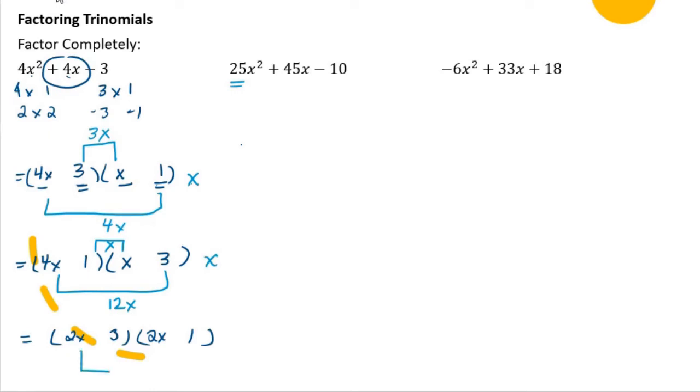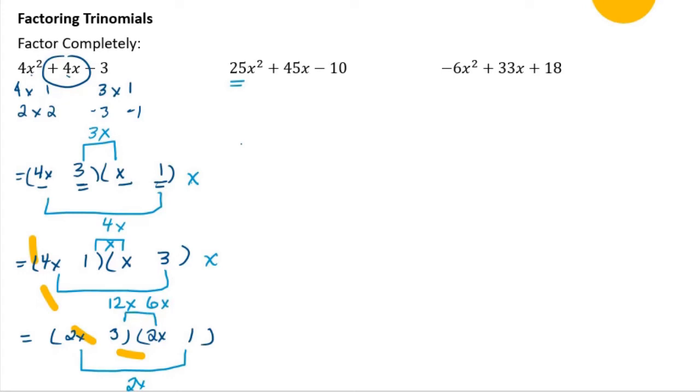And maybe you got lucky and this is actually the option you wrote out first, in which case, well, it's the only remaining option, so this must be the right one, but let's see why. We don't yet know what the signs are. 2x times 1 is 2x, and 3 times 2x is 6x. Now remembering that one has to be positive and one has to be negative, if I make the 2x negative, 6x minus 2x, yeah, that gives me 4x, so we're well on our way.